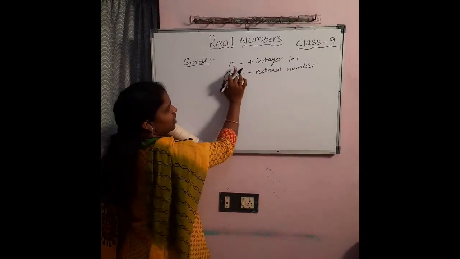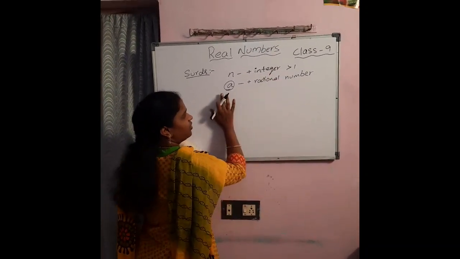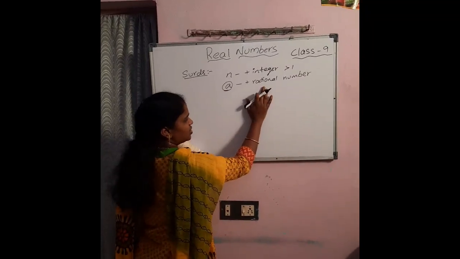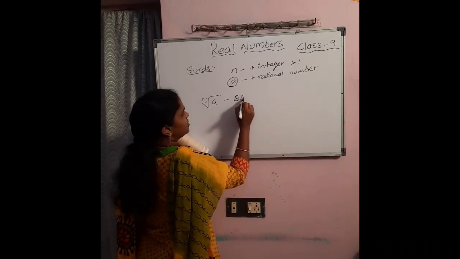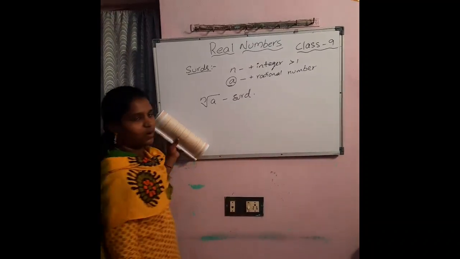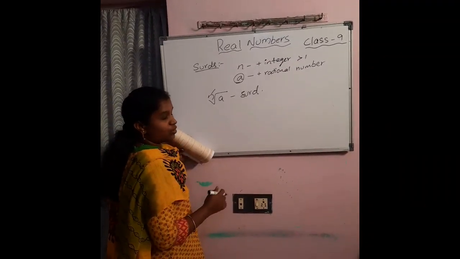Then nth root a is called a surd. Here n is a positive natural number, a positive integer.